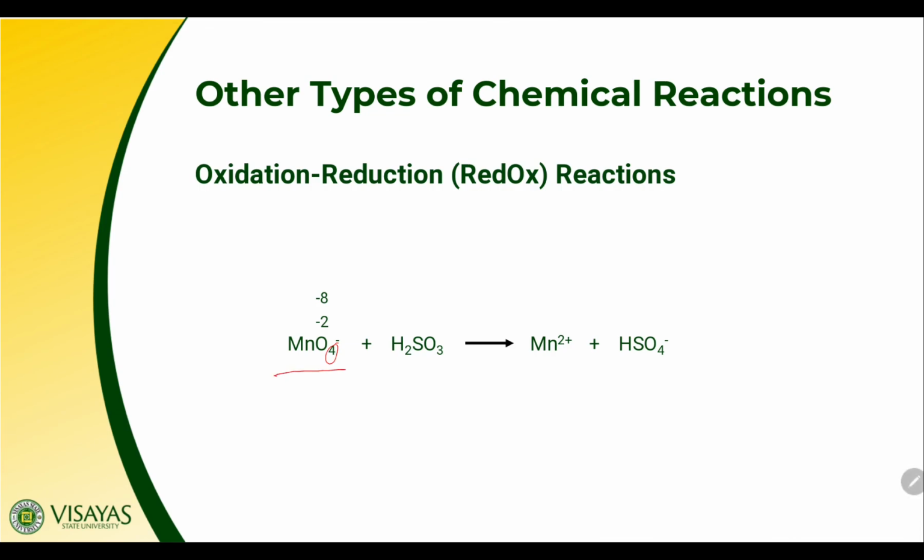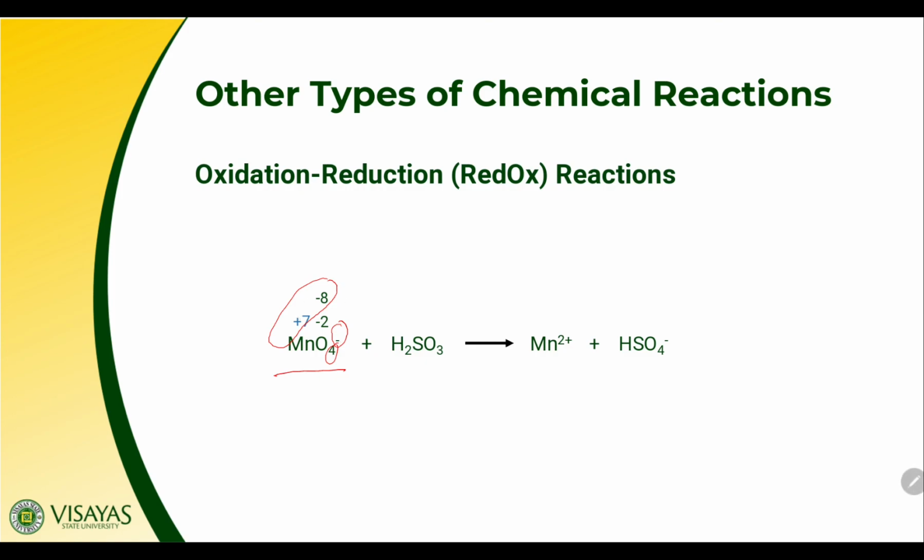Since this is a polyatomic ion, the sum of the oxidation numbers of the atoms in this ion should be equal to the charge of the ion. In this case, the charge is negative 1. So when we add the oxidation numbers of the atoms in this ion, we should get negative 1. Therefore, the oxidation number of manganese should be positive 7, because when we add 7 and negative 8, we get negative 1.